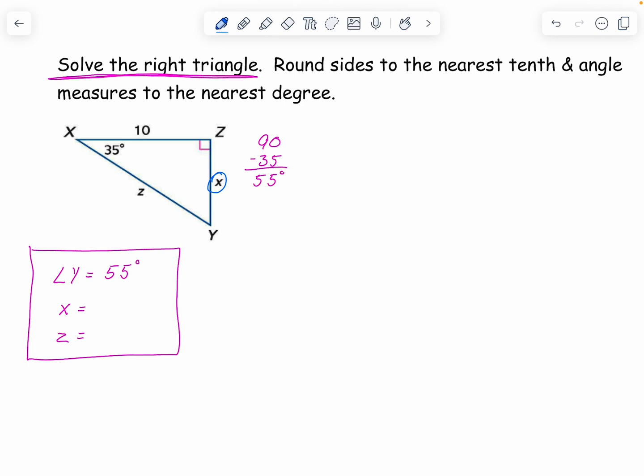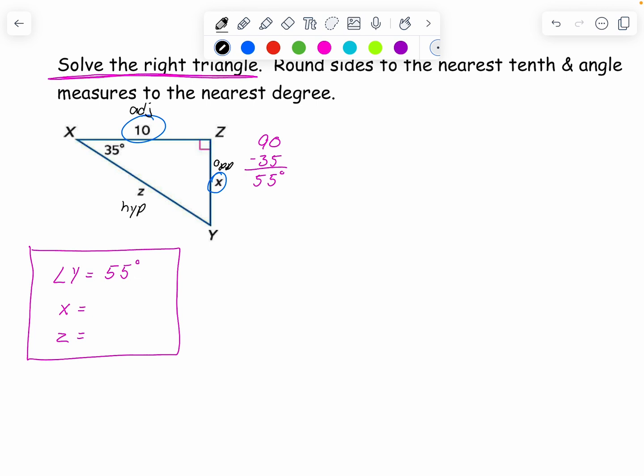So let's see, we know 10. Let's label our triangle. Across from the right angle, this is our hypotenuse. Then across from the angle we know, that's the opposite, which means this has to be the adjacent.